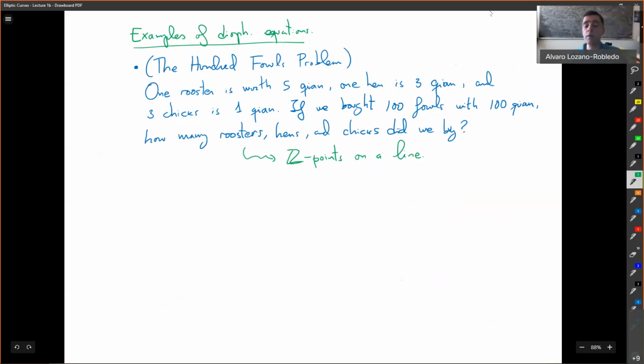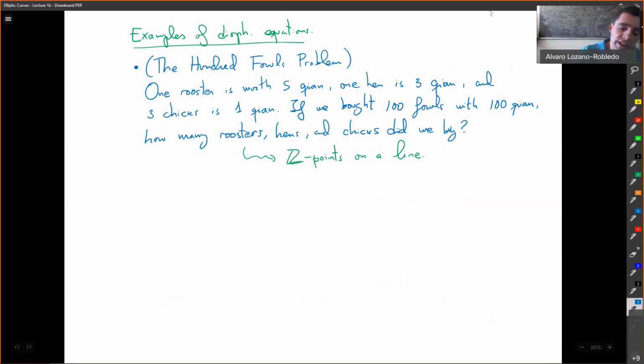This is a very famous problem because it dates to something like the 5th century of the Common Era or something like that. So some almost 2,000-year-old problem that leads to some very basic number theory. So that's one of the problems I'm suggesting in the set, so I'm not going to tell you more about it.